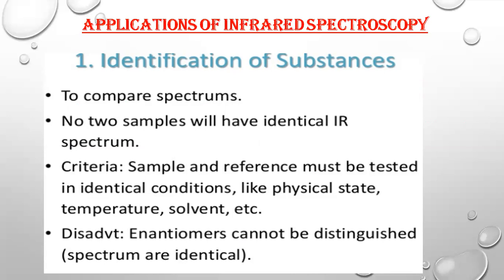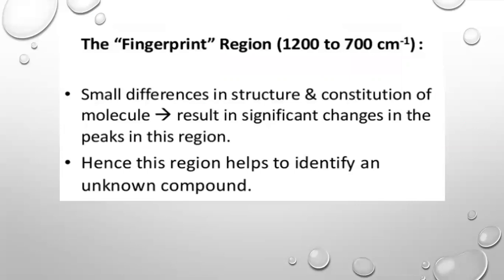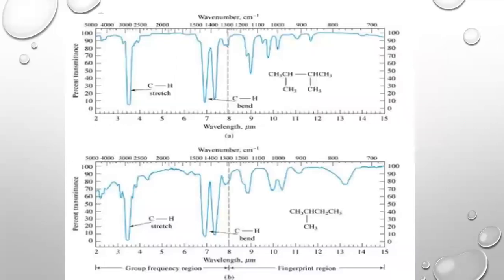Suppose in case of two different alcohols, the functional group is the same, OH, but the molecular skeleton is different: in methanol CH3 and in ethanol CH3CH2. So the skeleton will be different. So the absorption or the spectrum obtained in the fingerprint region is definitely different. So this fingerprint region is helpful to identify an unknown compound.